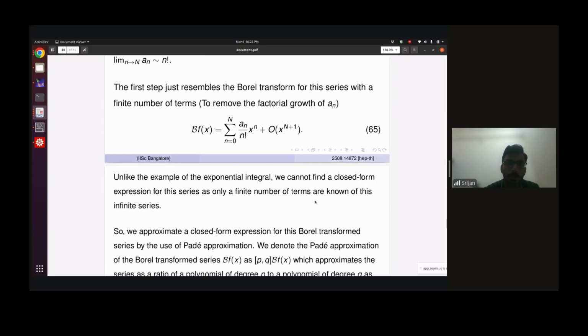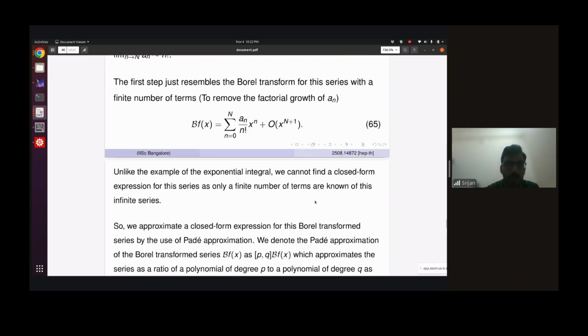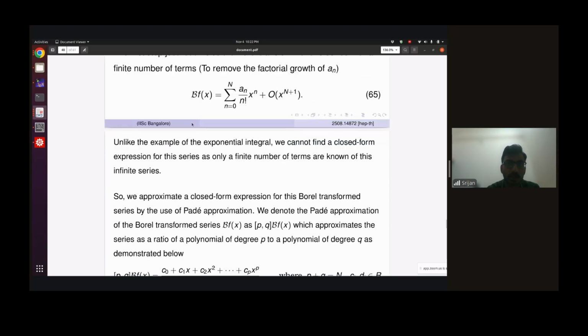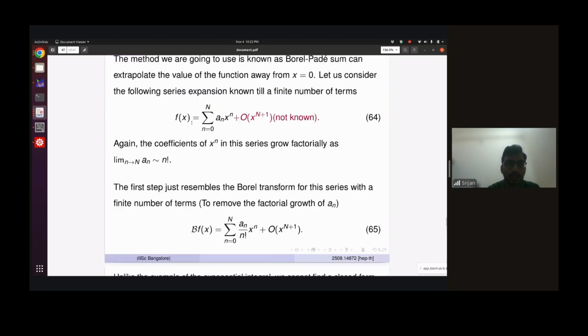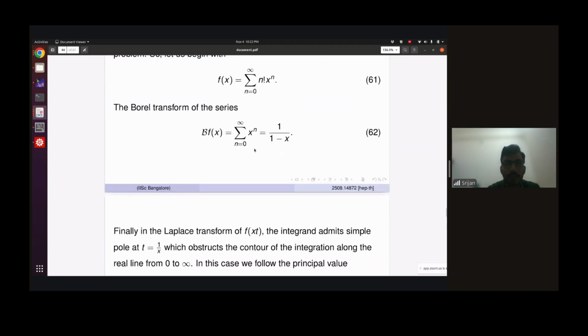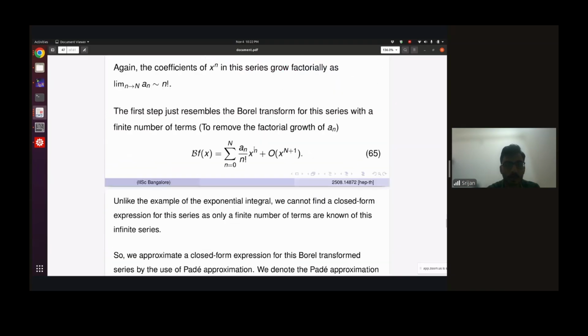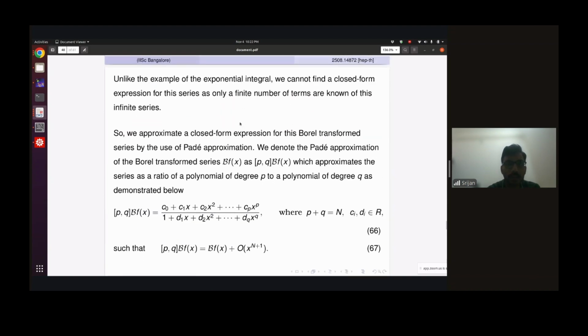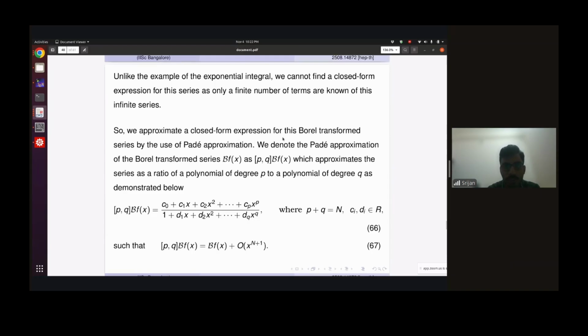Unlike the example of the exponential integral, we cannot find a closed form expression for this series, as only a finite number of terms are known. We cannot just sum it to 1 by 1 minus x, because we do not know it up to infinity. So to give a closed form expression for this Borel transform series, we use the Padé approximation of it. We approximate it in terms of an order p polynomial.